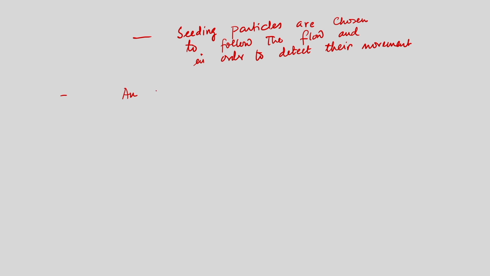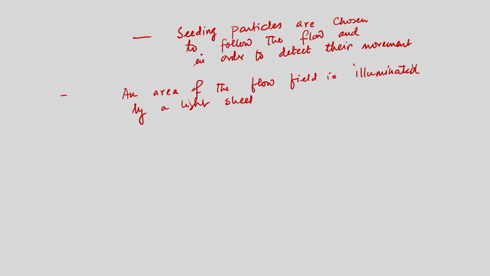Next, what you can see, an area of the flow field is illuminated by a light sheet, which is generated by a laser source, laser and other optical components.